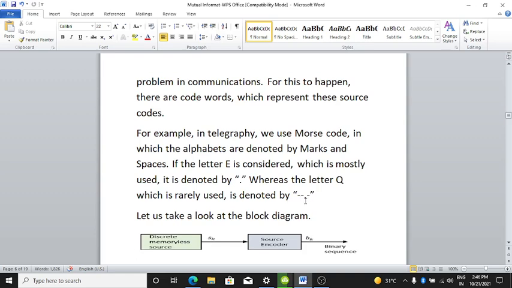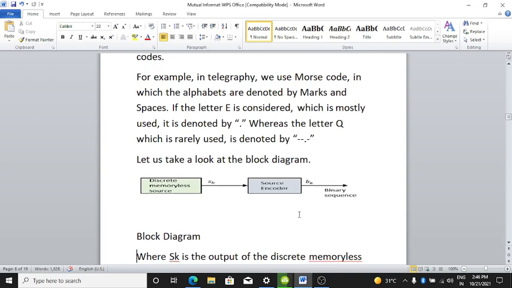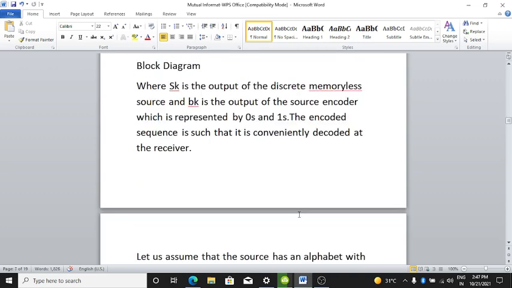Let us take a look at the block diagram: discrete memoryless source, source encoder, binary sequence. Sk is the output of the discrete memoryless source and bk is the output of the source encoder, represented by zeros and ones. The encoded sequence is such that it is conveniently decoded at the receiver.